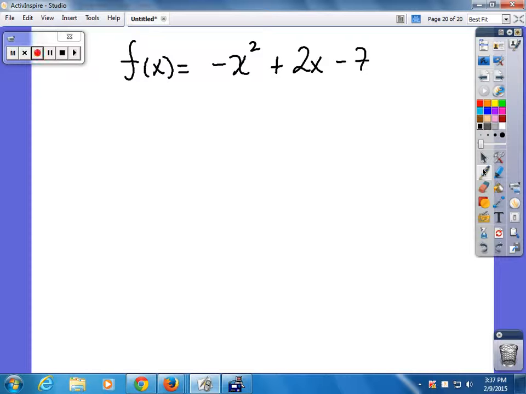I don't understand why you erased the negative. Okay. Did I do that? Yes. All right. So remember, you can't do completing the square with a negative a.